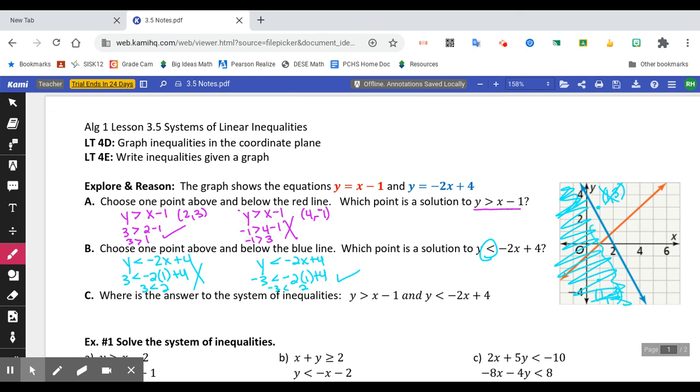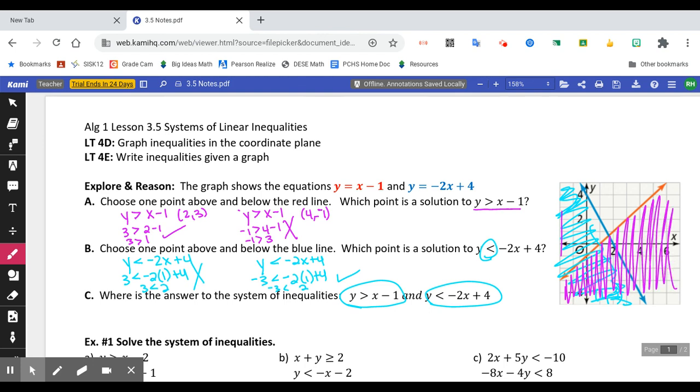Okay? Now, to be able to write the answer to the system of inequalities, the system would be both of them, right? So we just said that this whole side over here for blue works, because it's below. And then we just said that for red, we had all of this above that worked. So they overlap right here in the middle.